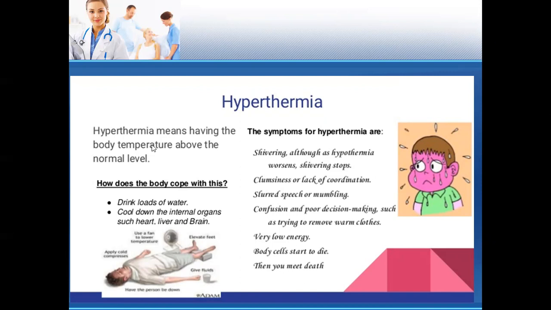The other symptoms of hyperthermia are shivering, lack of coordination, difficulty speaking, confusion, poor decision making, or very low energy, and body cells start to die if not treated.